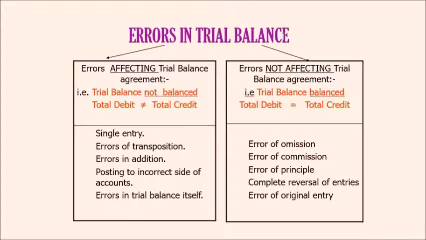So these are errors in trial balance. So errors affecting trial balance not balanced, which means the debit side and the credit side are not equal, are due to some of it being single entries, where you record only one transaction; errors of transposition, figures that are recorded in wrong order; errors in addition, when the total is wrong; posting to an incorrect side of the account, which means an account is supposed to be on the debit side, you record on the credit side; and error in the trial balance itself.